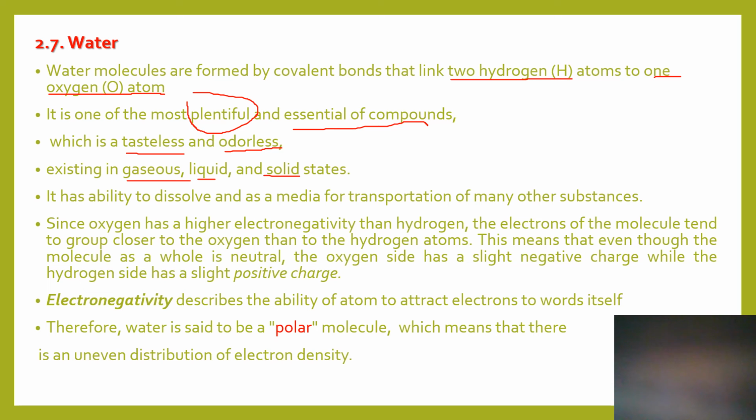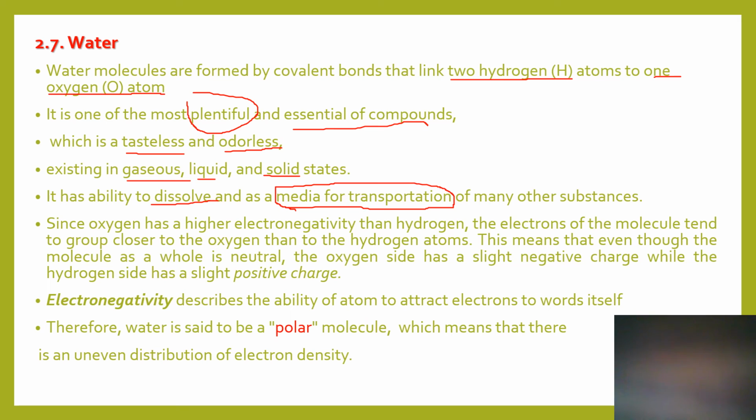It has the ability to dissolve other substances and is used as a medium for transportation of many other substances. Many substances can be dissolved in water as well as they can be transported by being carried through water molecules throughout the bodies of organisms.